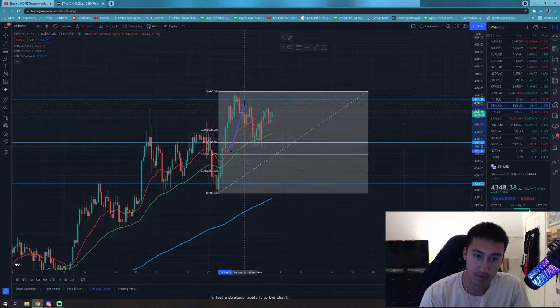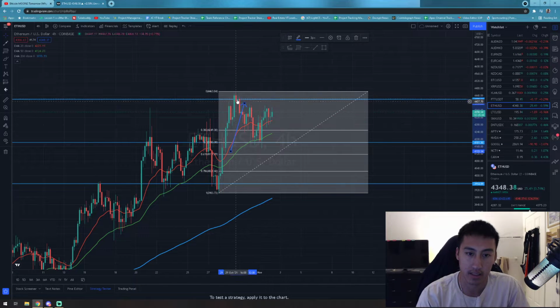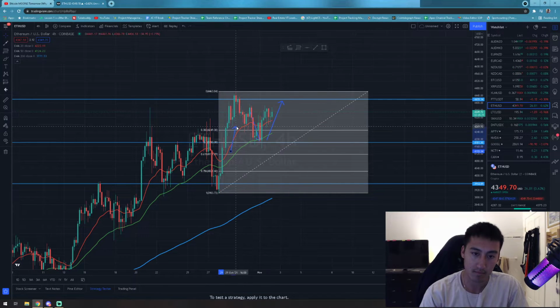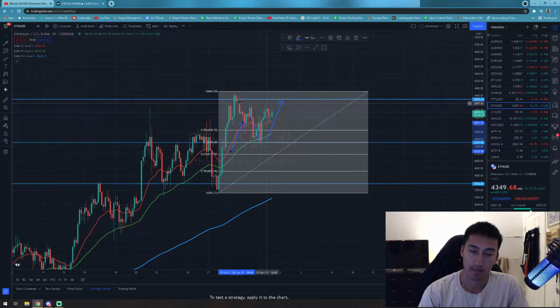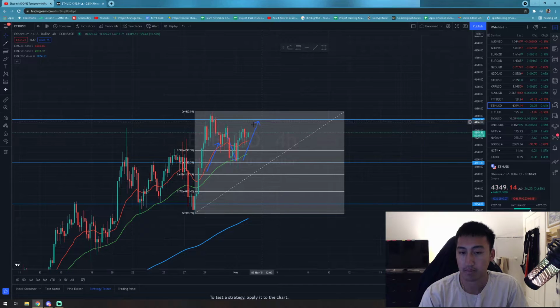It made a new resistance area, because this is where it bounced, so that's where we draw our horizontal line. Then it's retesting, and now it's gonna try to retest back at this resistance line, and hopefully this time it's gonna break through it.